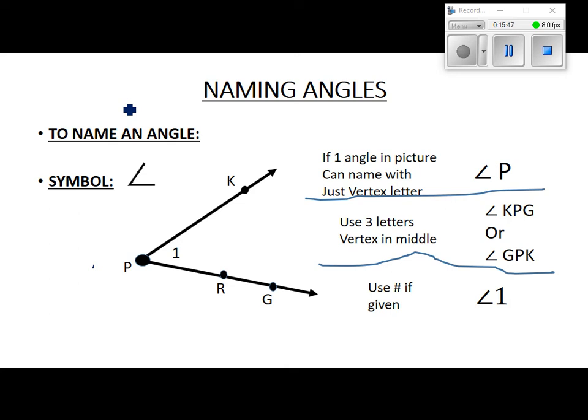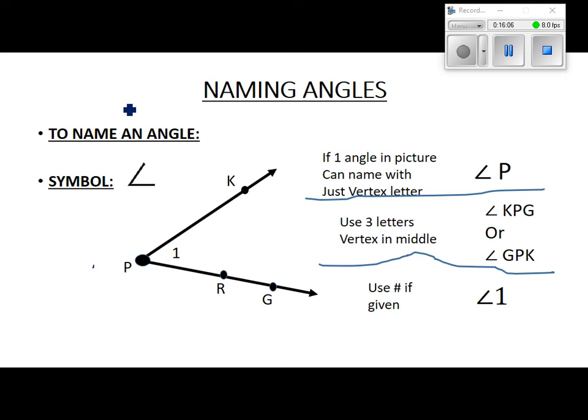So this angle, I would name K, P, G, or either way, K, P, R. It's that simple. It's like you're walking around the angle.